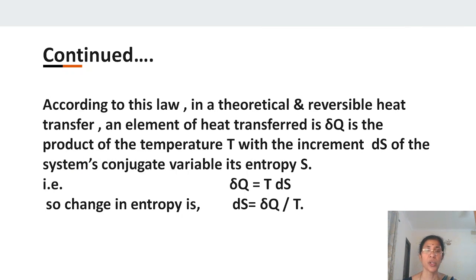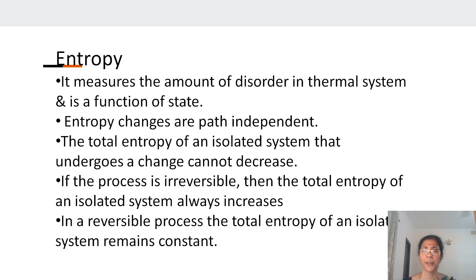According to this law, in a theoretical and reversible heat transfer, an element of heat transfer delta Q is the product of the temperature T and the increment dS of the system. That is, delta Q equals T into dS. So, the change in entropy dS equals delta Q by T, where S is entropy.